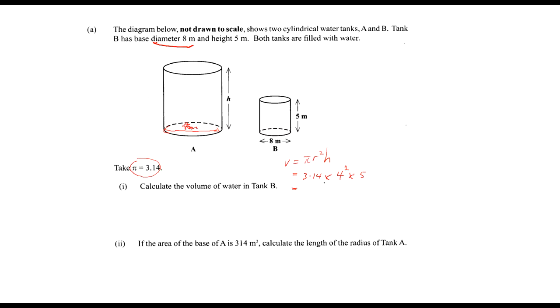So this will be 251.2 meters cubed, because it's volume, right? Now they said the base area of A is 314. So the base area, what they're talking about is this area here, and that area is 314 meters squared.